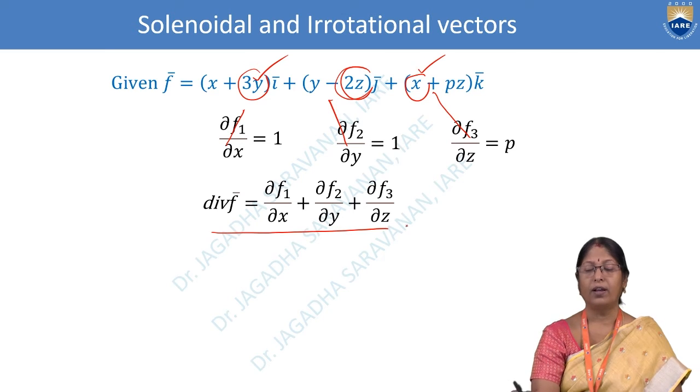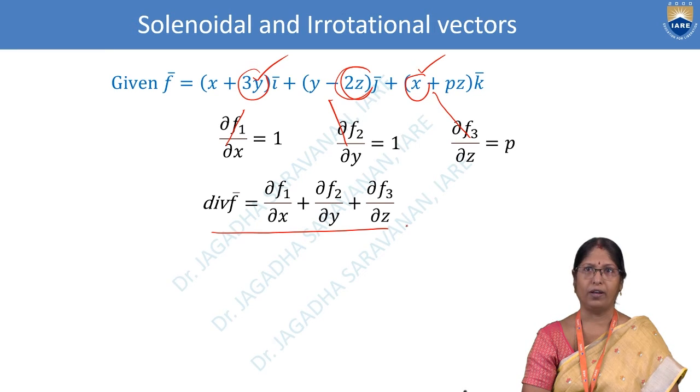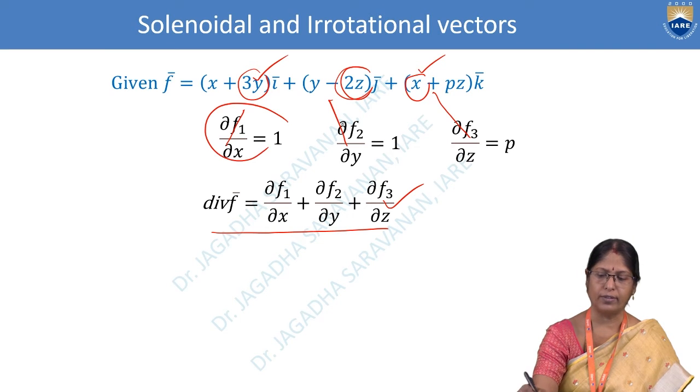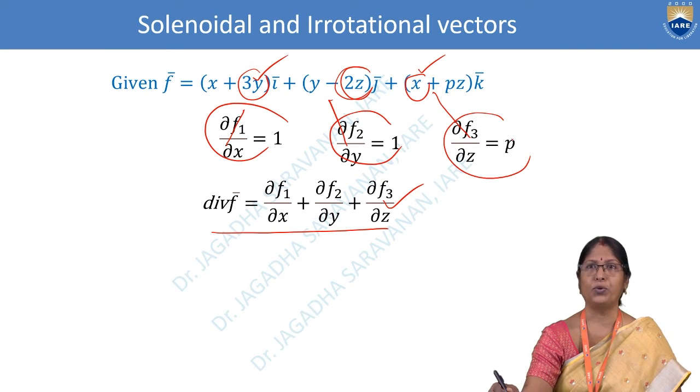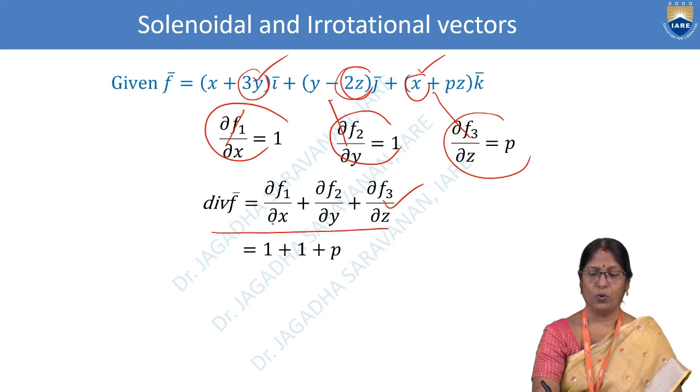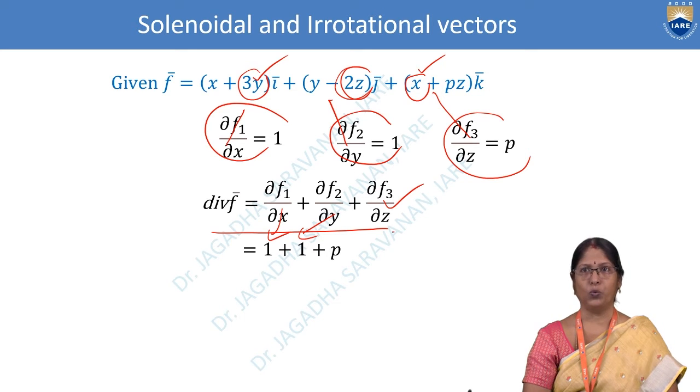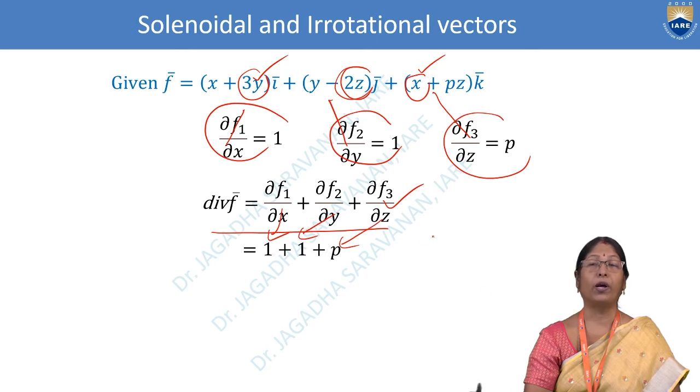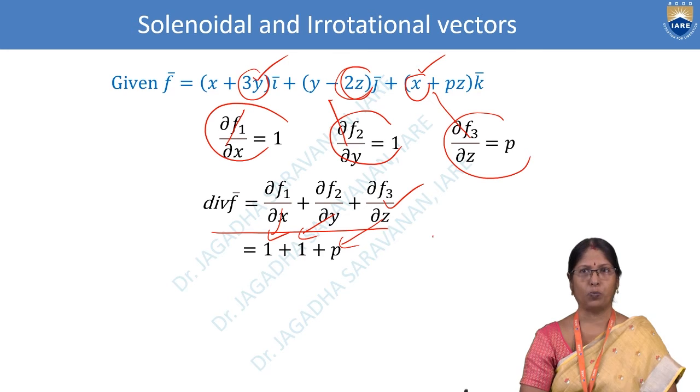Now this is the divergent f vector. This is the formula, and we substitute the results here. Dou f1 by dou x is 1, dou f2 by dou y is 1, dou f3 by dou z is p. So we get 2 plus p.